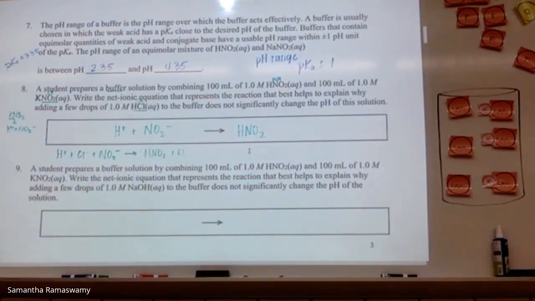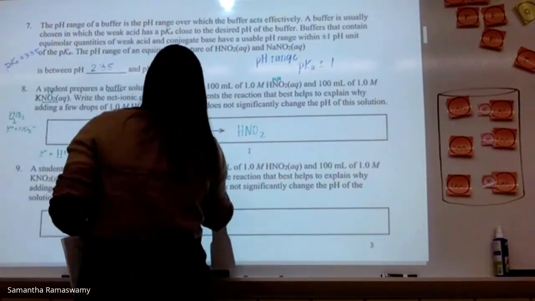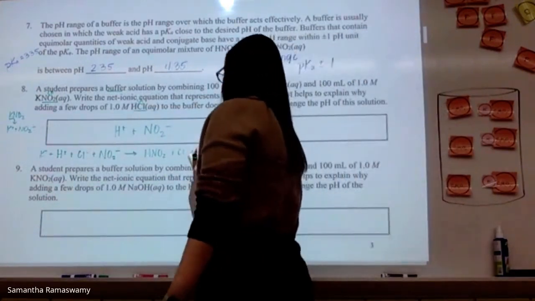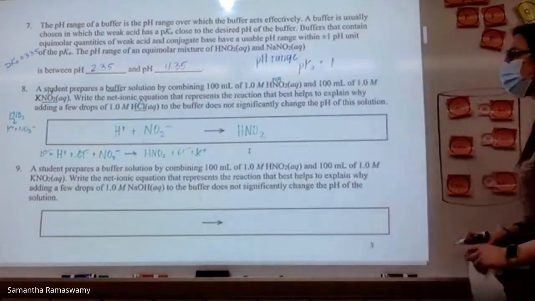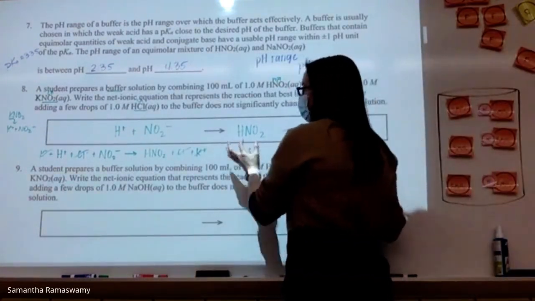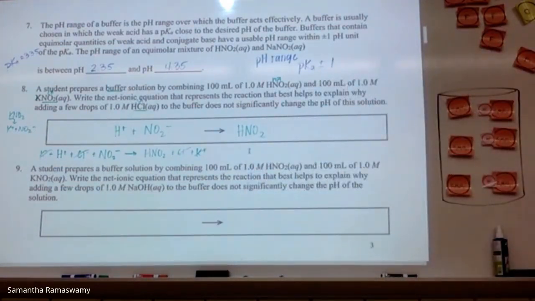We just ignore it. So if you did plus K plus here, and you had plus K plus here, that's okay. It's still a spectator. So K plus and Cl minus both cancel. And then HNO2 stays together here because it's a weak acid. Only strong acids and strong bases will break apart.